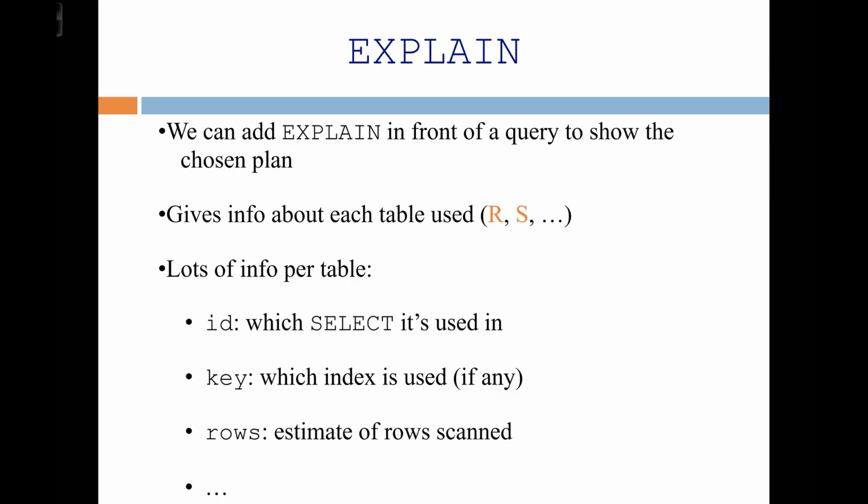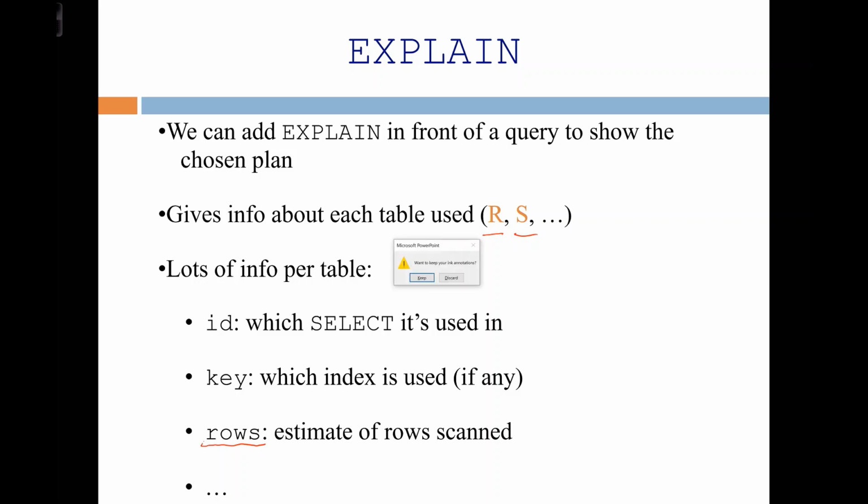So it gives lots of information, such as what is the outer relation and the inner relation and so on. Tells us which index it's using. It uses the term key, so which search key is it going to use, if any, or null if there are no indexes that will help. It'll tell us an estimate of the number of rows it would have to access for each part of the query, like for the outer, middle, and inner, and so on.